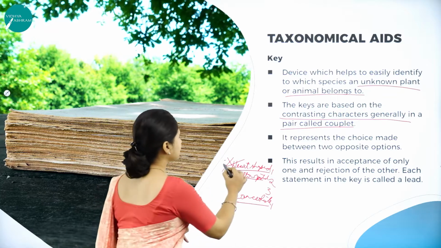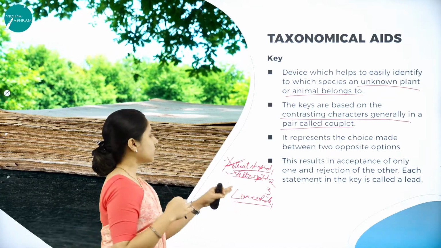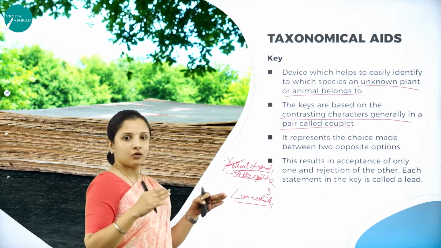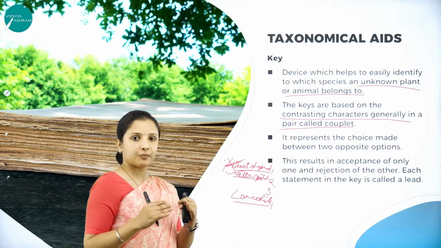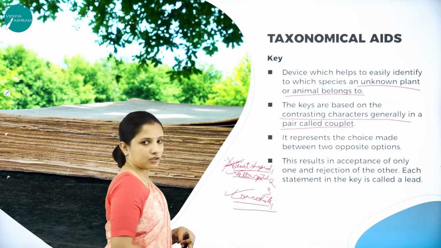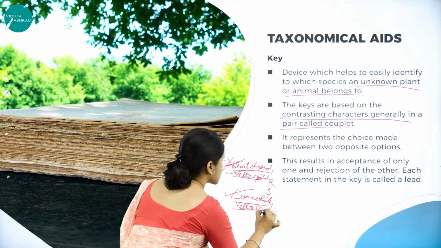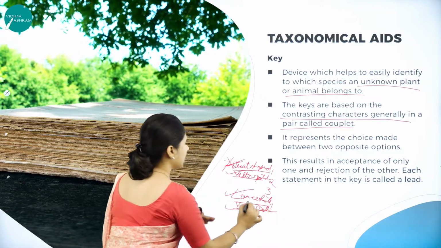Therefore, you can skip this. And also you have to skip this and go to the next description, wherein it will be written lanceolate. Okay, now you'll know, the leaf shape is lanceolate, so I'll go for this. And then you'll go for the next character. Again here it will be yellow patch. Then you can move to this particular character.